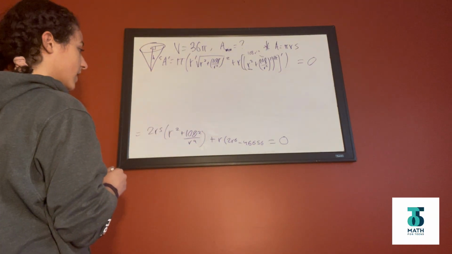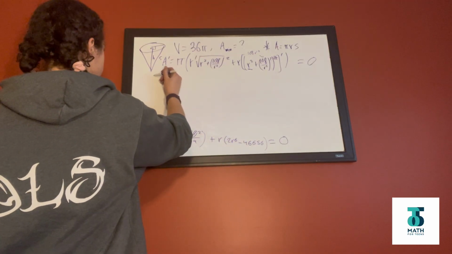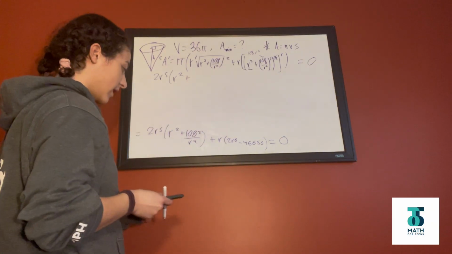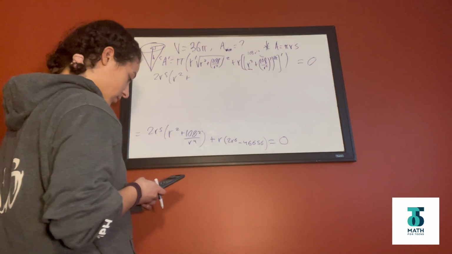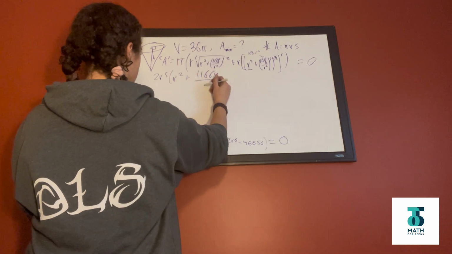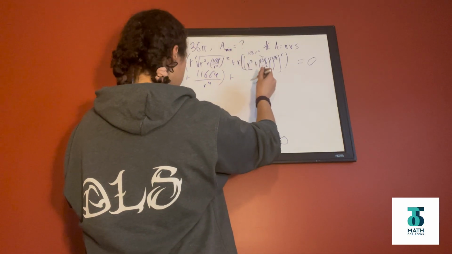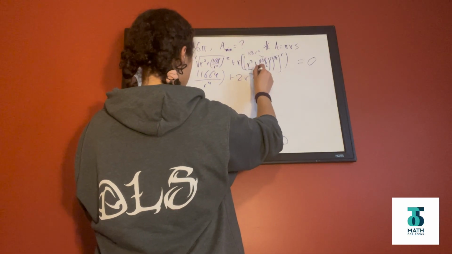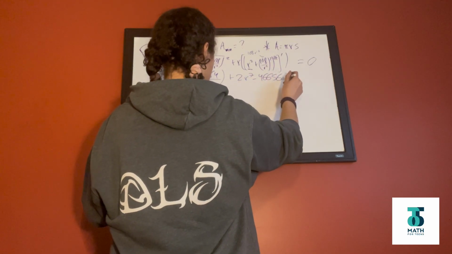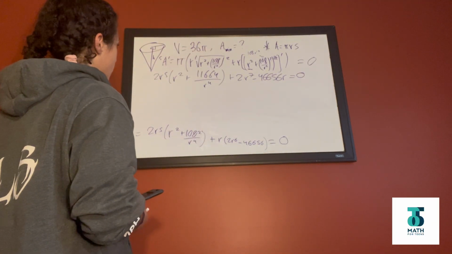Okay, I think that's what I have. So I have 2r to the 5 times r squared plus 108 squared plus 11,664 on r to the 4, plus 2r to the 7 minus 46,656r is equal to 0. So what do I want to do now?